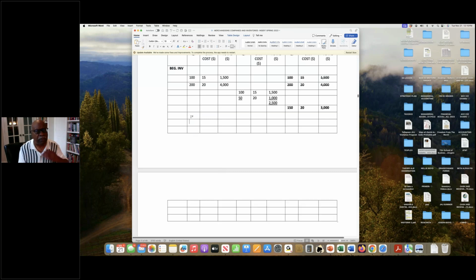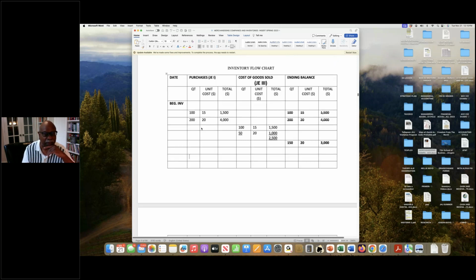So we bought 300 at $30 each. So we have 9,000. Now we purchase something, we move it over here.